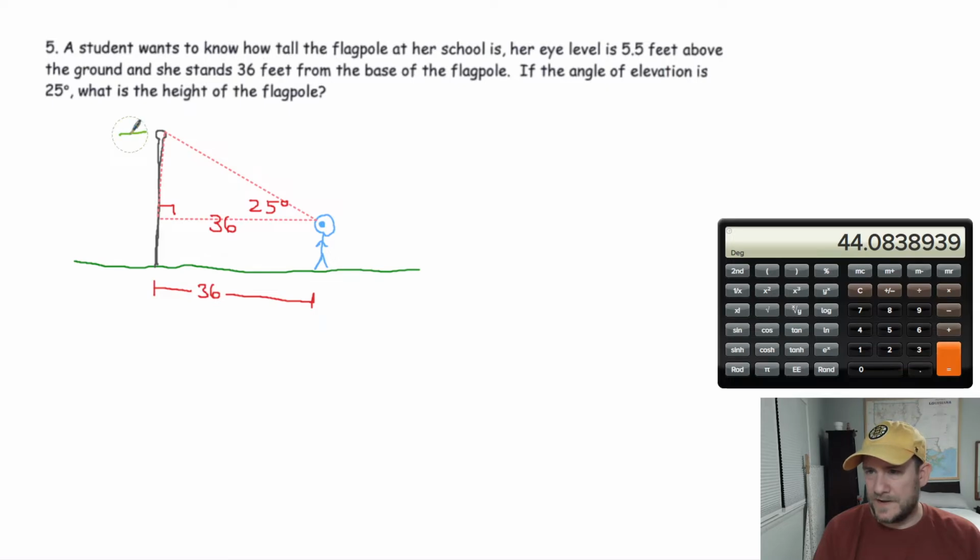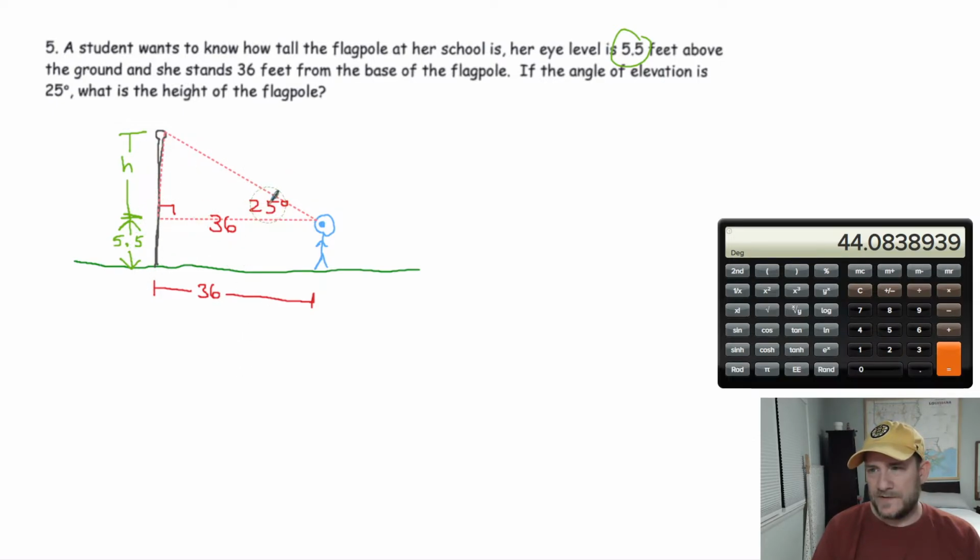Well, right now, all I can find is this, the height that goes down and stops here at eye level. Luckily, we already know this bit right here. It was given to us. Her eye level was 5.5 feet up, right? So if we carry that over, then to find the total height, we're going to find h, which is only a piece of the flagpole, but the other piece we know to be 5.5. So our final answer will be what those measurements add up to.